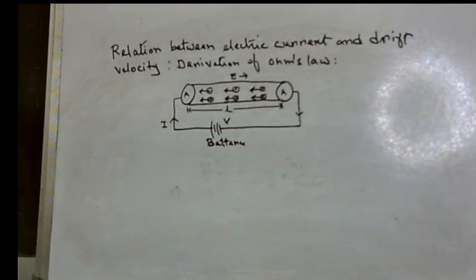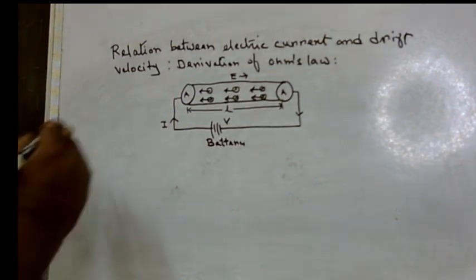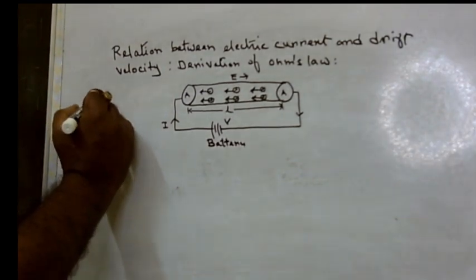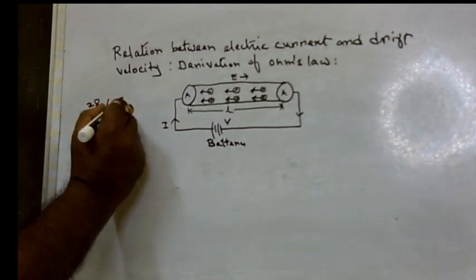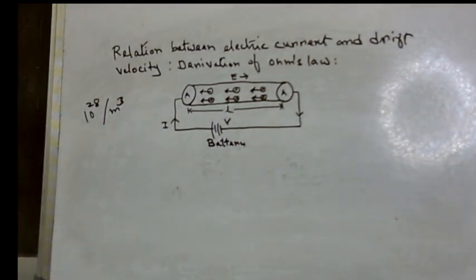So we know metals have a large number of free electrons, nearly 10 to the power 28 per meter cube. In the absence of any electric field, these electrons are in a state of continuous, random or haphazard motion due to thermal energy.